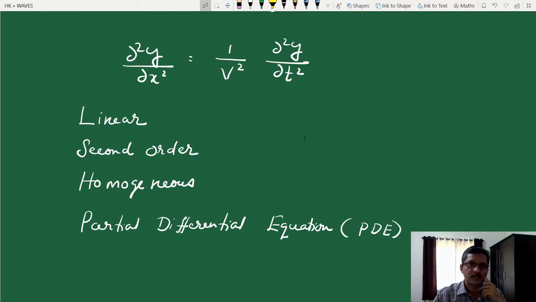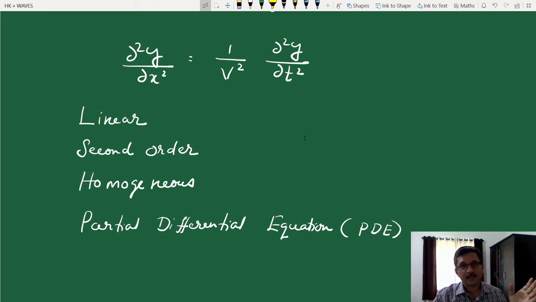Sometimes homogeneous equations are written like that, but look here, the wave equation you can perfectly write like this. There is a term on the left side, there is a term on the right side. This is a homogeneous equation. If you want, you can take the term on the right side to the left side. You can write dou square y by dou x square minus 1 by v square dou square y by dou t square equal to 0.